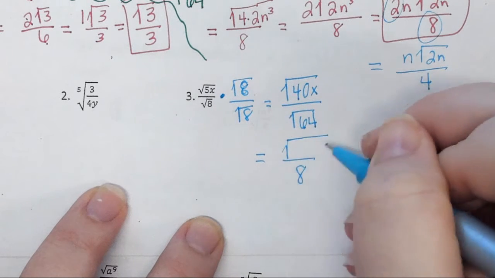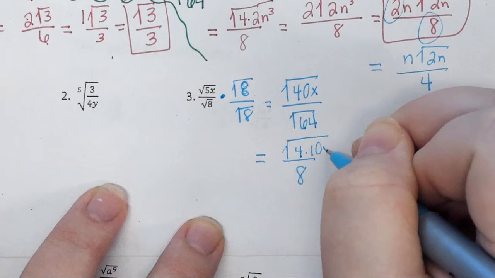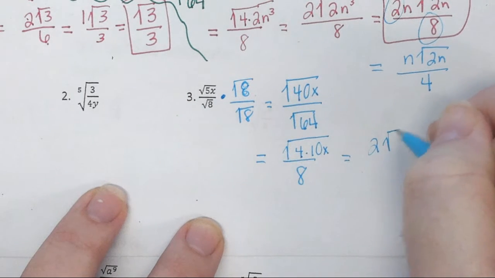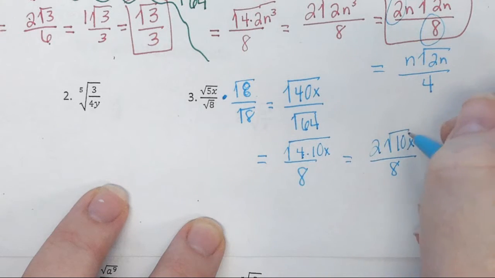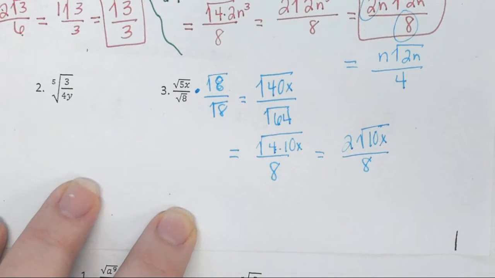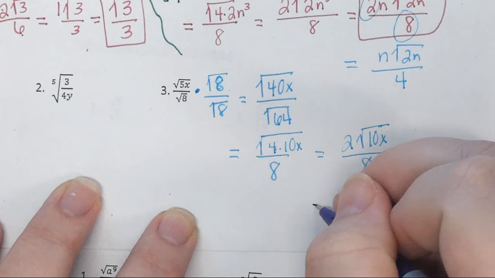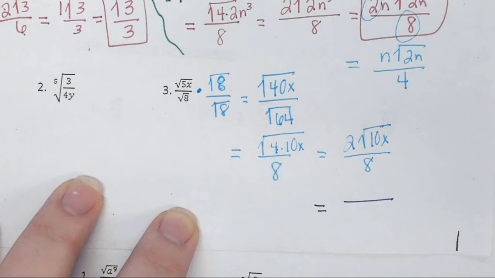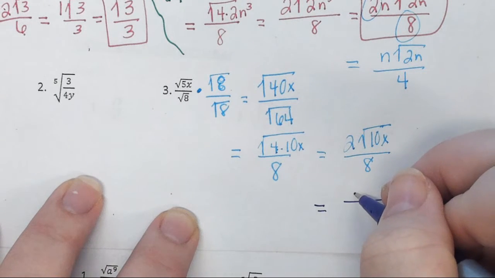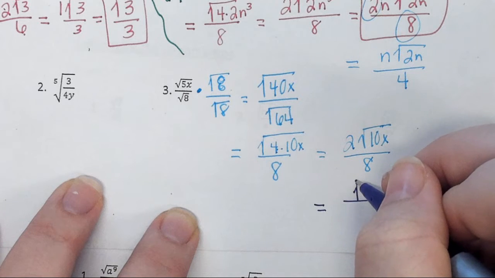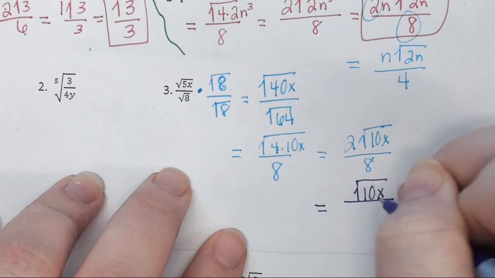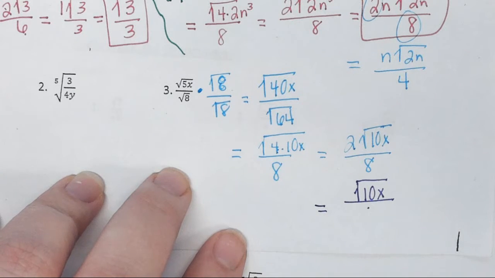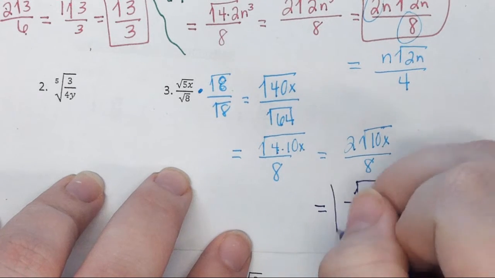Yes, 4 times 10. So it's going to be 2 square roots of 10x over 8, because I know the square root of 4 is 2. And then I'm still not done. Someone tell me my final answer. Over 4. Every group can have a point.